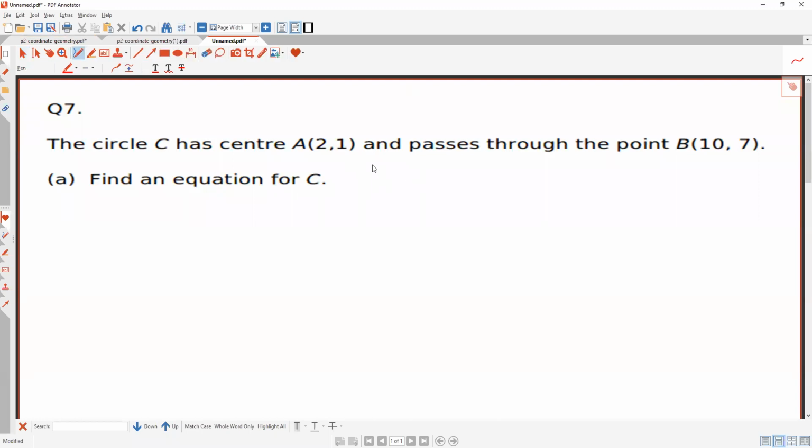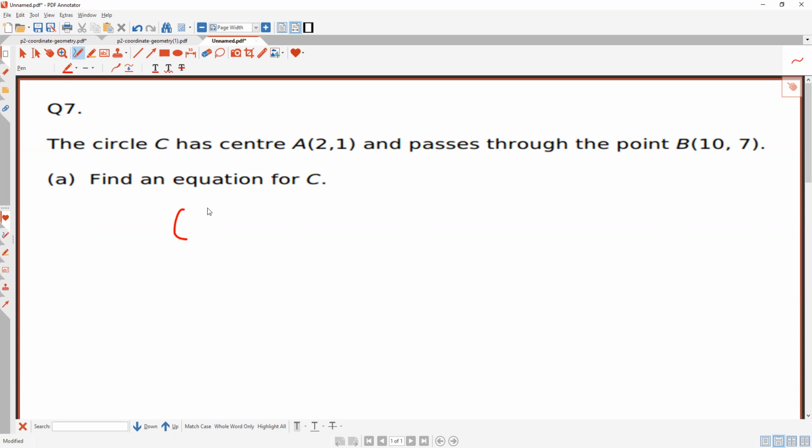A circle C has the center A 2, 1 and passes through the point 10, 7. Okay. Find an equation for C. So all of you, please give me an equation for C. Circle C has this center and passes through this point. Give me the equation, please. A part.